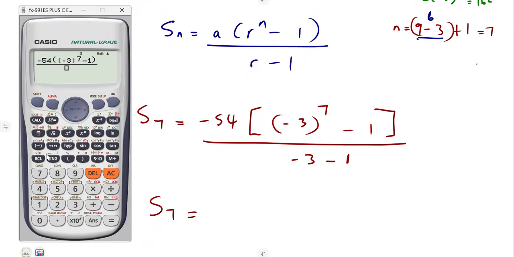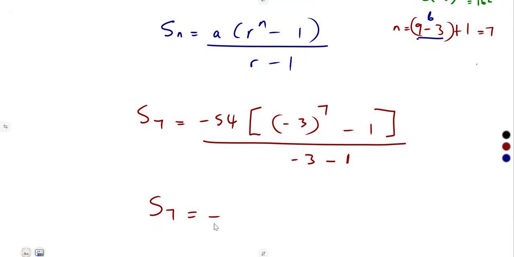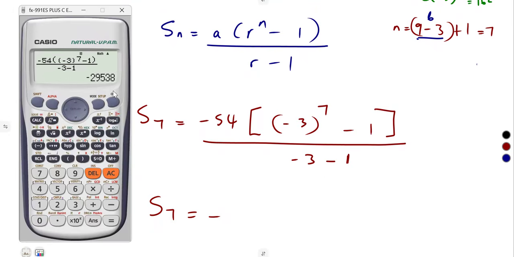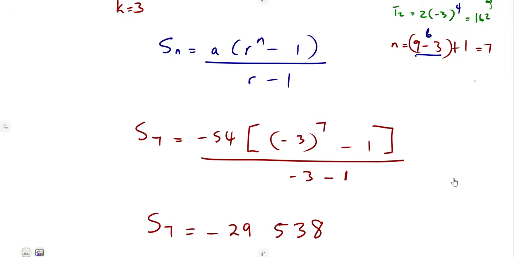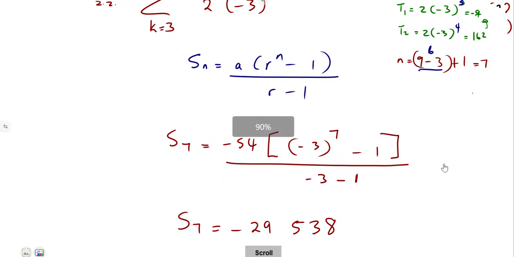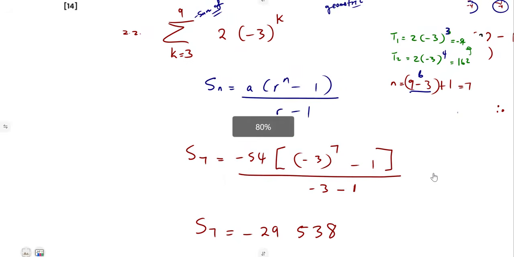Then in the denominator, that's -3 minus 1, which gives us a negative. So that's negative 29,538. So this is it. You have determined the summation of that whole question that you're given.